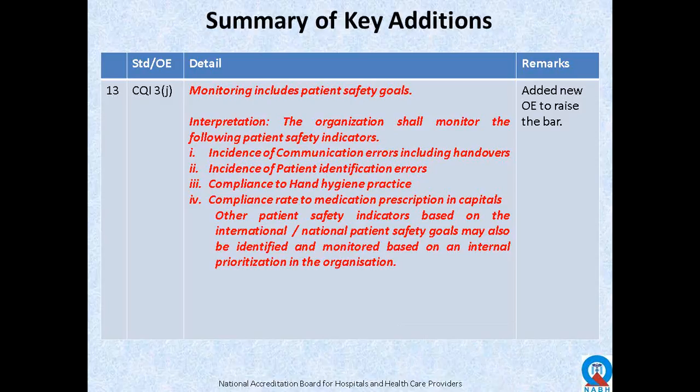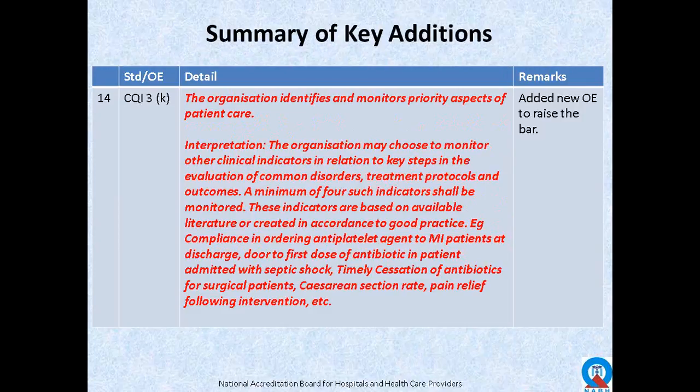Other patient safety indicators based on international and national patient safety goals may also be identified and monitored based on internal prioritization within the organization. Again, it's not going to be easy. This is going to take time. All we have to see is whether the organization has started working towards this.